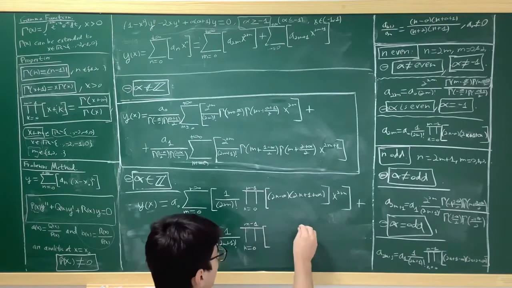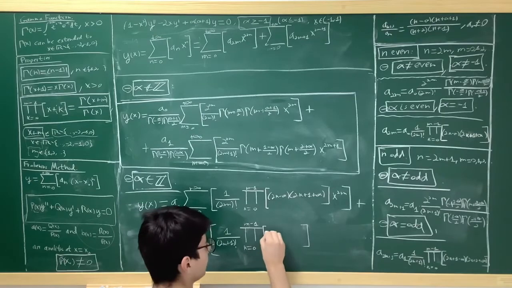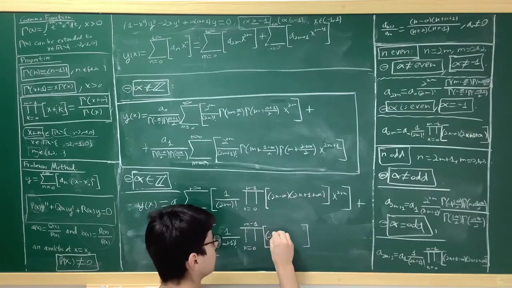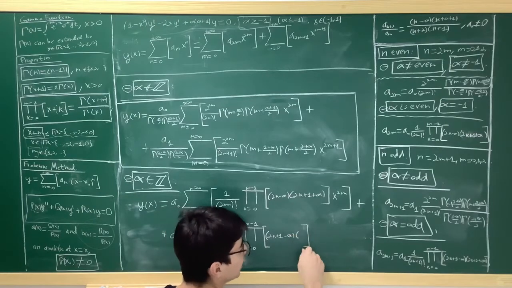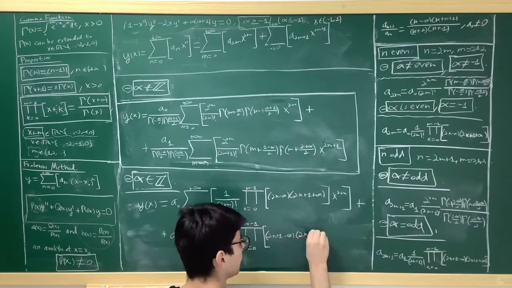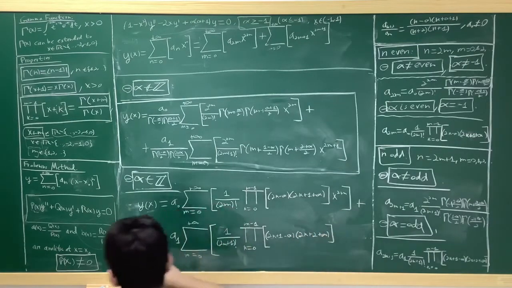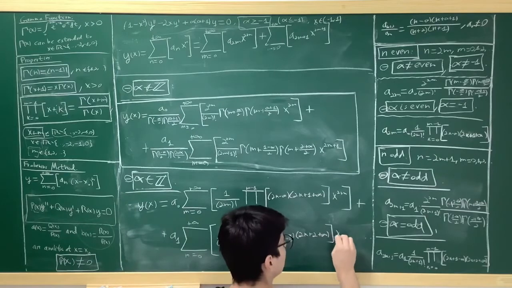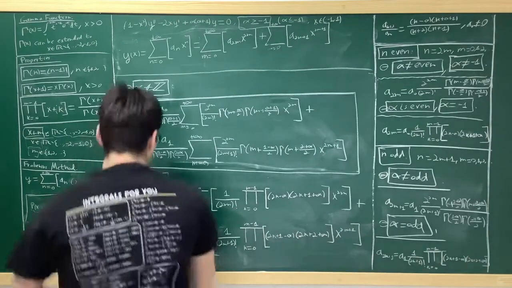But this is not how we have to be doing it so far. So, 2k plus 1 minus alpha and 2k plus 2 plus alpha. And this is our general solution.